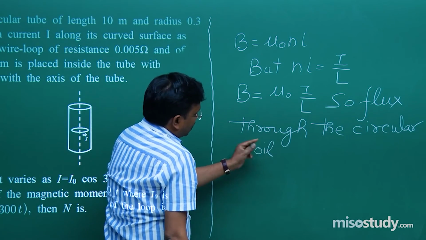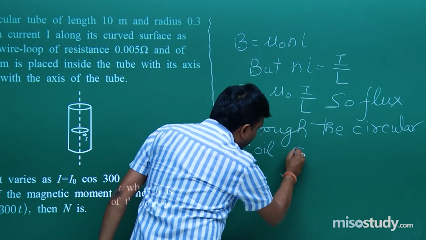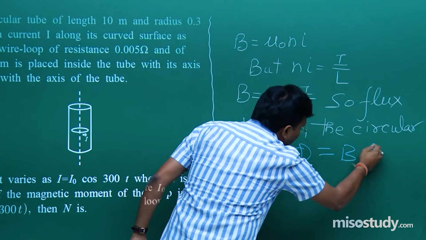I am writing every line so that you can understand. So the flux through the circular coil is, let us use blue chalk, phi is equal to B S, S is area.